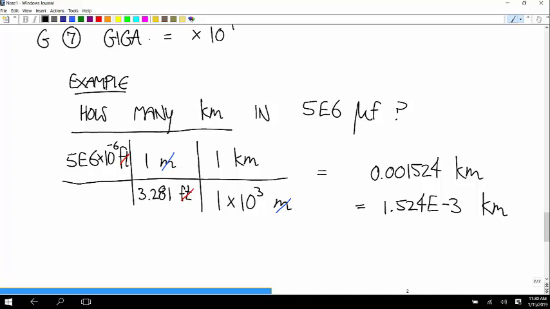But then since micro just means times 10 to the minus 6, I erased the micro and just put in times 10 to the minus 6. But you could do another step to convert from microfeet to feet if you want to. But in problems like this where you're starting with a prefix, you can always just erase that prefix and put in the factor that it's equal to instead.